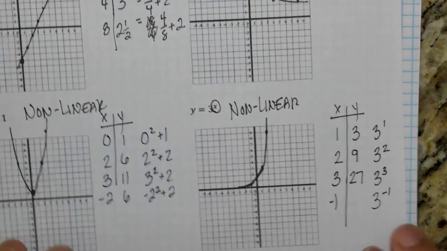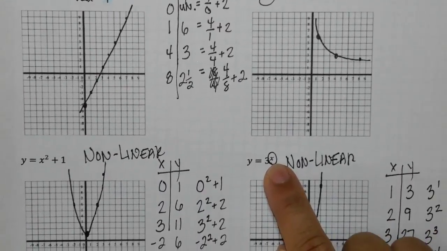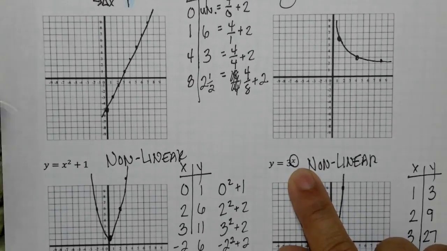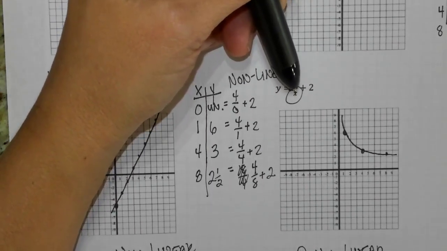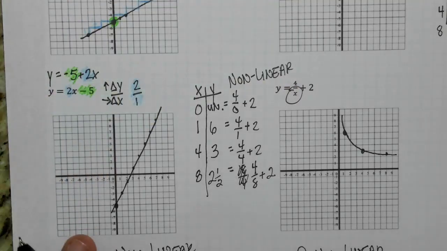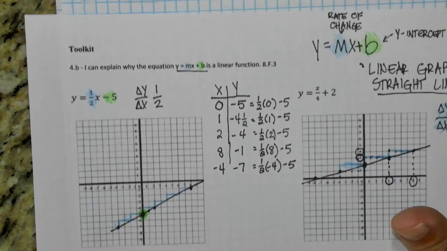So knowing when we look at equations, what we've seen is x is in the exponent, x is being squared, and x is in the denominator. All make it non-linear. I'm going to write that up at the top.